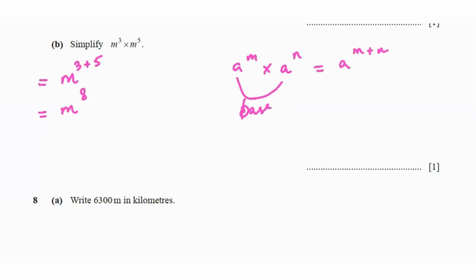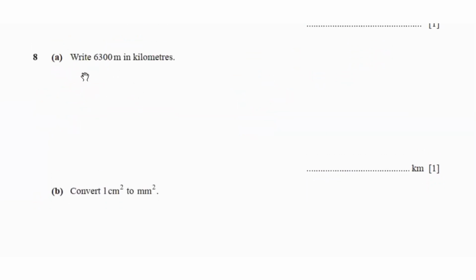Next question says, write 6,300 meters into kilometers. 1 kilometer is equal to 1,000 meters. So 1 meter would be equal to 1 over 1,000 kilometers. A kilometer is a bigger unit than a meter. So when you're going from a bigger to a smaller unit, you multiply by 1,000.